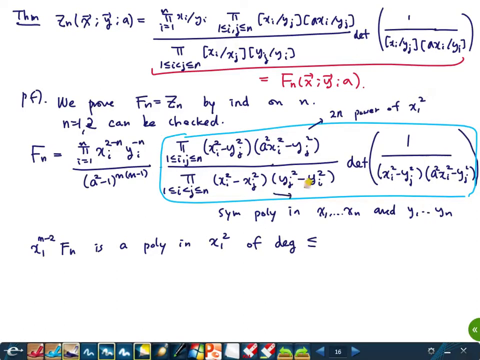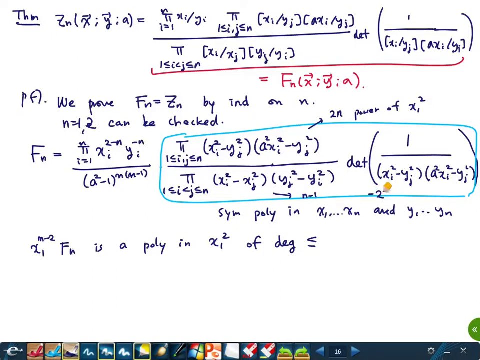What about this? n minus 1 power of x1 squared. But we have to divide by something over here because it's the denominator. The first row is the only place we get a fraction where we have x1 squared, and there's only one such fraction, so in the denominator we divide out x1 squared.